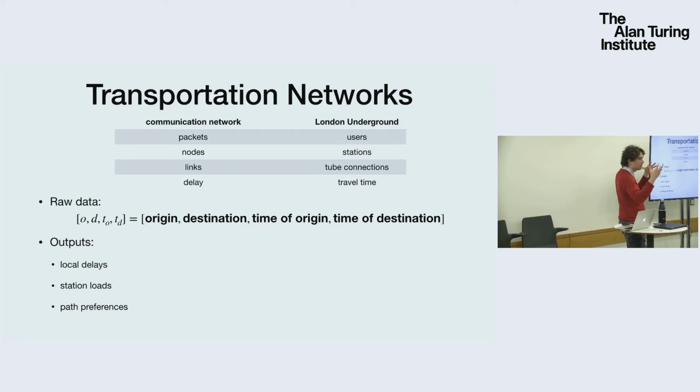And of course, when you abstract things away, this applies as well to something like a transport network. And the abstraction, in one sense, just assumes that your raw data has this format. You have the origin, destination locations, and the timestamps of the start and the end of your trajectory. Okay? And out of this, you then get from some sort of statistical inference method, the local delays at different locations, and those loads and path preferences I mentioned here.